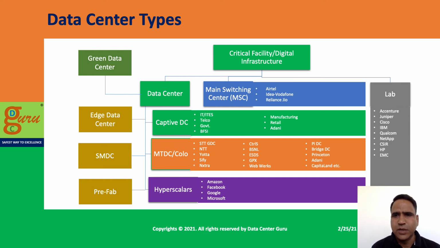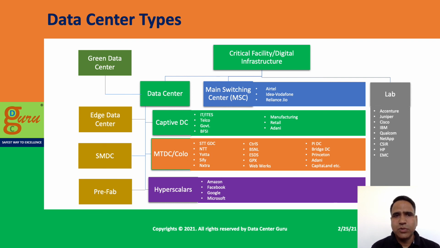Edge data centers are smaller data centers near the end user. The purpose of putting in an edge data center is to reduce latency, enhance performance, or give a better user experience, rather than sending all the data to the centralized data center for processing and storage, where latencies are involved.